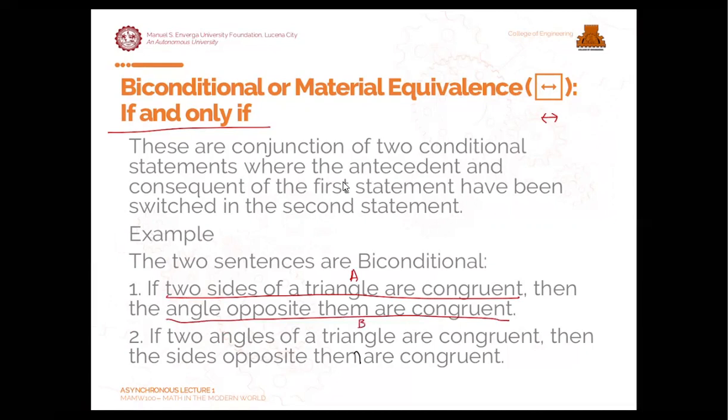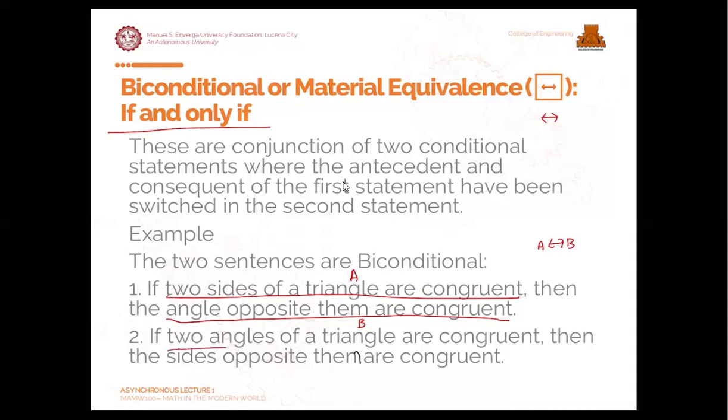Okay? So, ibig sabihin in symbol, if and only if, mag-exist lang siya. Magiging congruent lang yung angles opposite nung sides kapag satisfy niya yung A, or vice versa, yung A na satisfy niya si B. Okay? Kaya double-headed arrow siya.